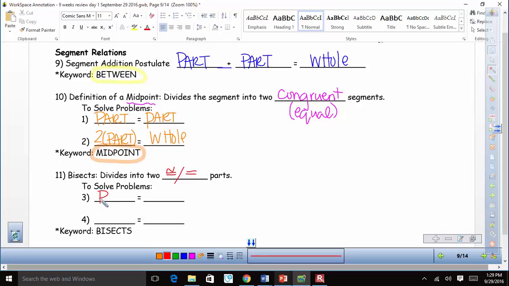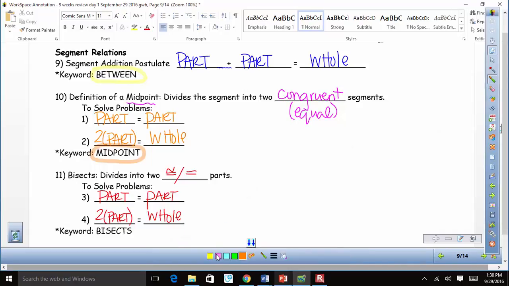Part equals part, and 2 times part equals the whole. Perfect, okay? And if it's a bisector, then you will see the word bisects in the equation, okay? So let's use those three to solve a few and make sure we remember how to set these up.